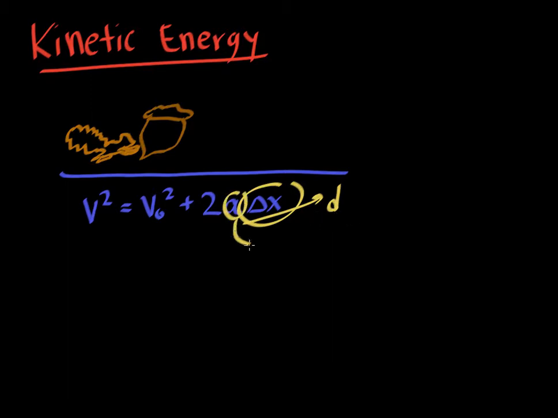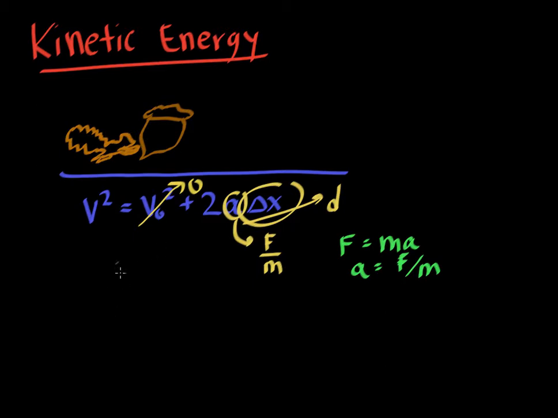Second, we can change a into F over m, because we know that F equals ma, and therefore a equals F over m. Thirdly, we can get rid of this and make it 0, because in the beginning the acorn has no velocity.